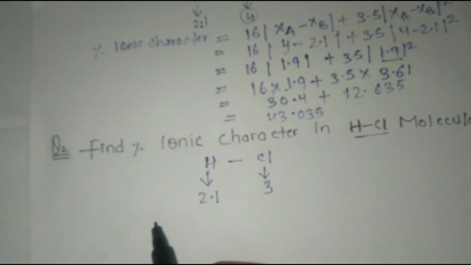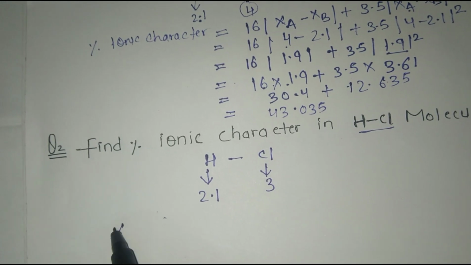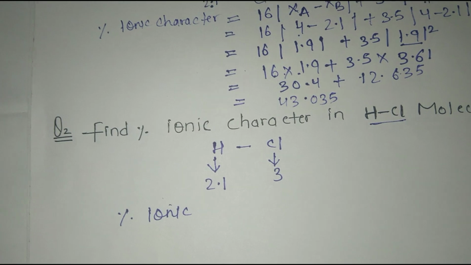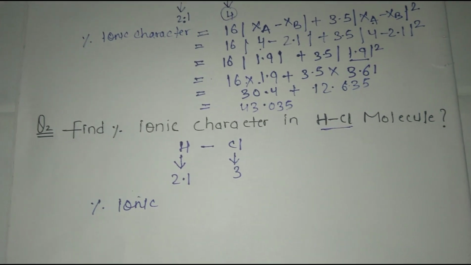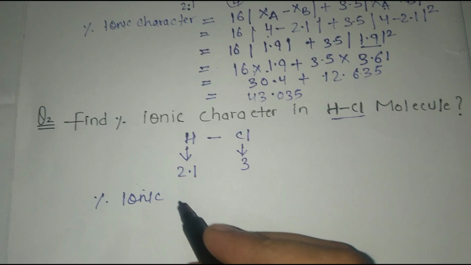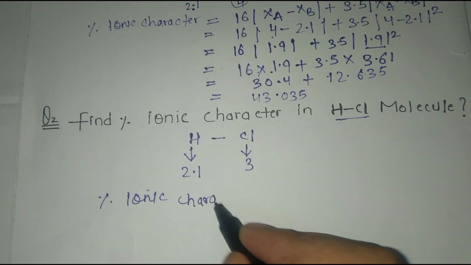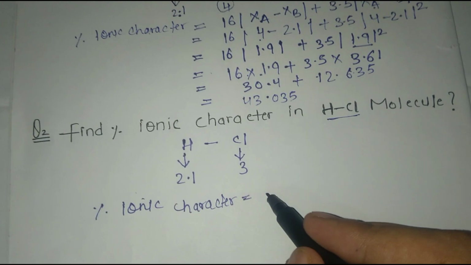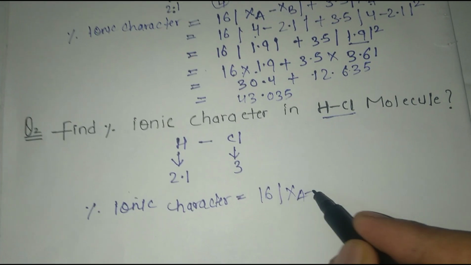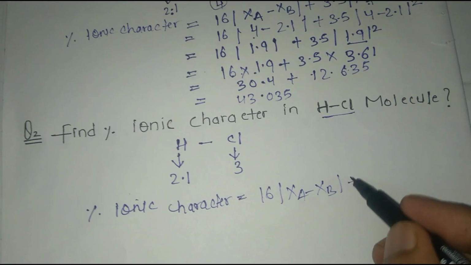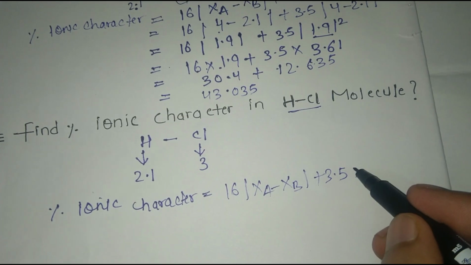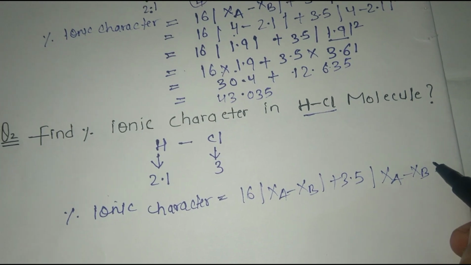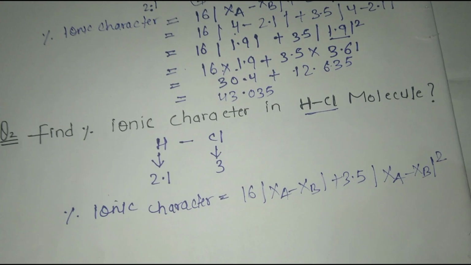So the percent ionic character is 16 mod of XA minus XB plus 3.5 mod of XA minus XB mod power 2.